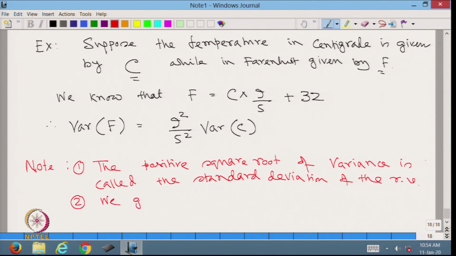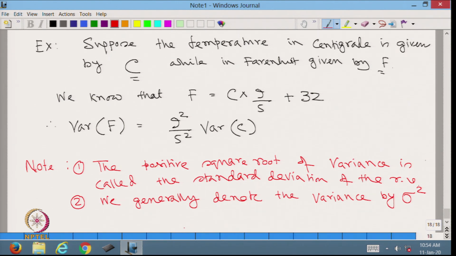We generally denote the variance by sigma square, because variance has to be always positive.